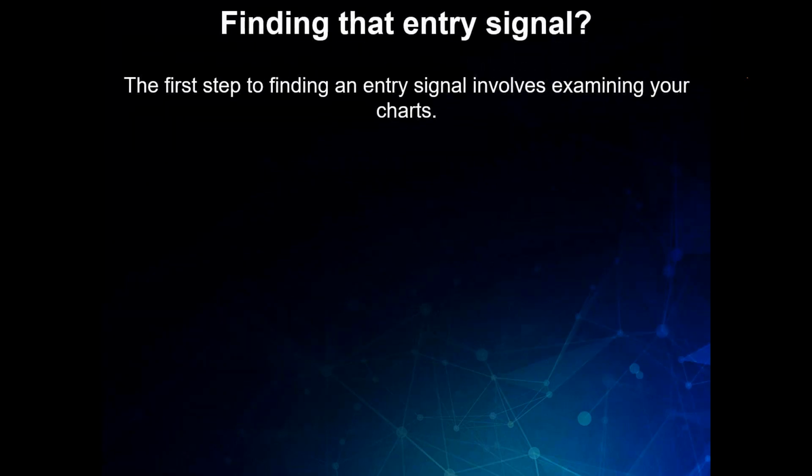Finding that entry signal. The first step to finding an entry signal involves examining your charts. If you've had a Twitter post come out by Trump, or one of his so-called advisors, like Larry Kudlow, there are a few of them out there, they seem to just harp on and actually contradict each other.